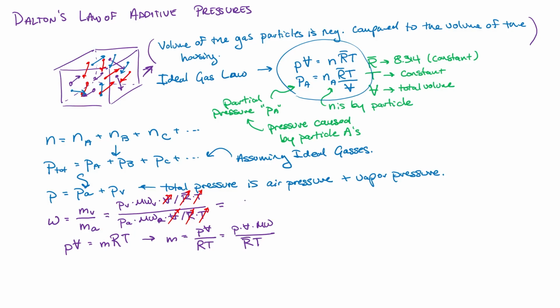So our humidity ratio is our vapor pressure divided by our air pressure, or our total, times the molecular weight of our vapor, which is the same as the molecular weight of water, divided by the molecular weight of air.